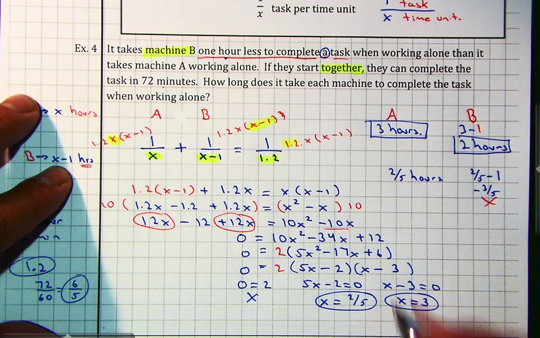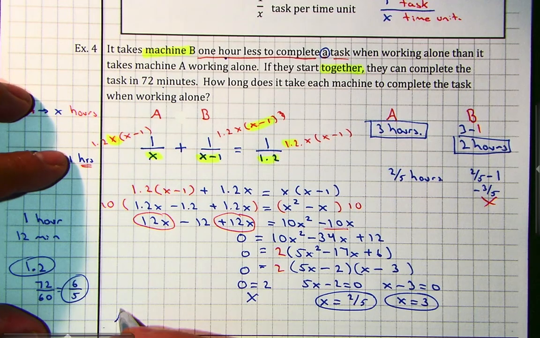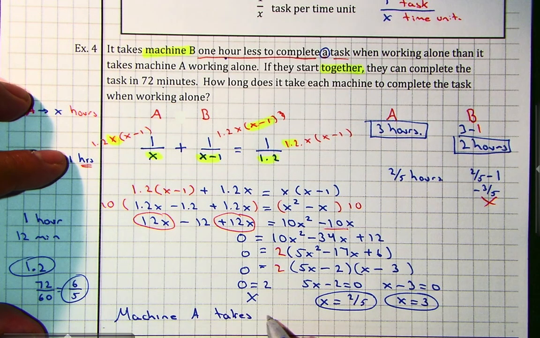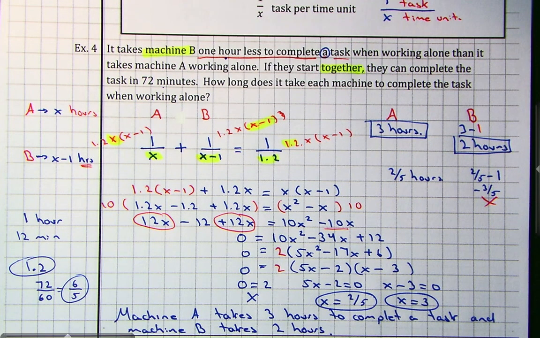So the only answer is that machine A takes 3 hours to complete a task, and machine B takes 2 hours, 1 hour less. Together, they can complete it in 72 minutes.